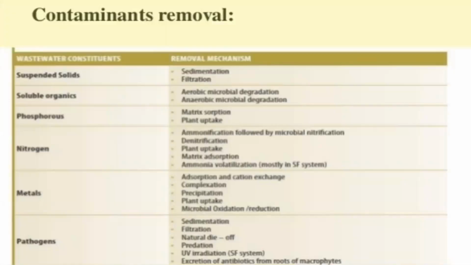Here is the list which shows contaminant removal and the removal mechanisms used. For suspended solids, sedimentation and filtration mechanisms are generally used. For soluble organics, aerobic and anaerobic microbial degradation. For phosphorus, matrix adsorption and plant uptake.